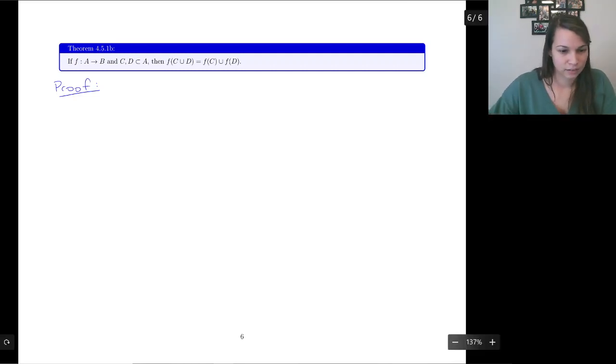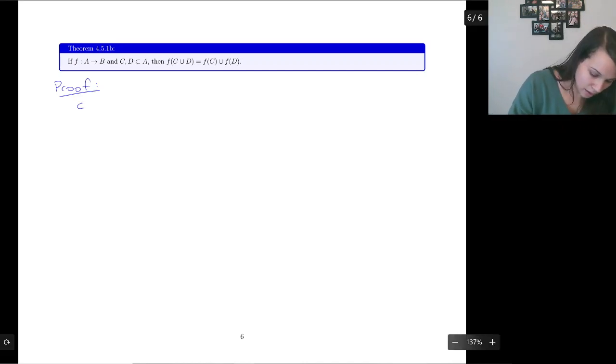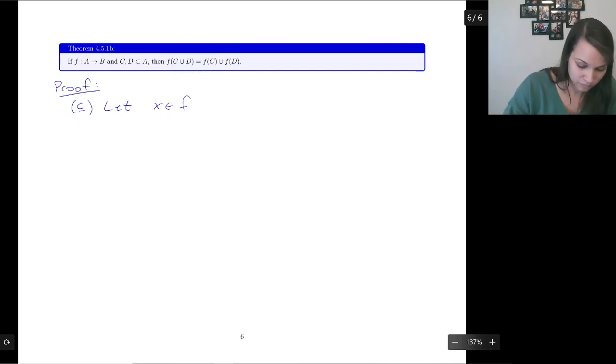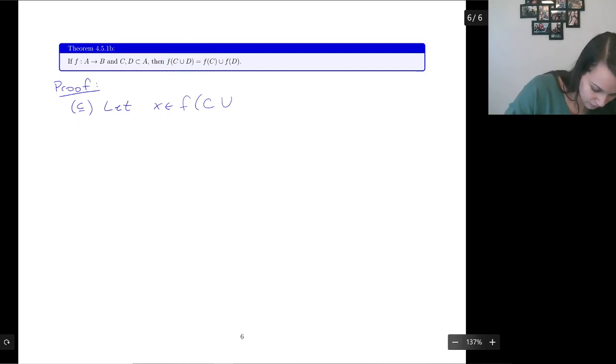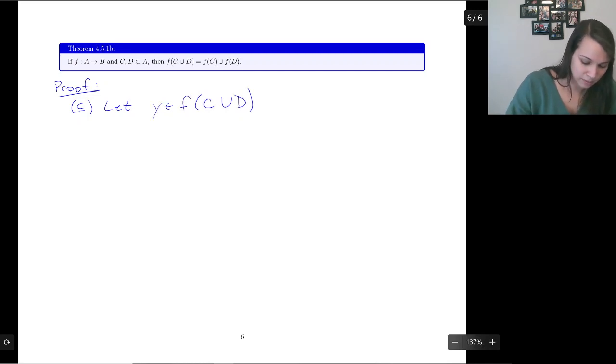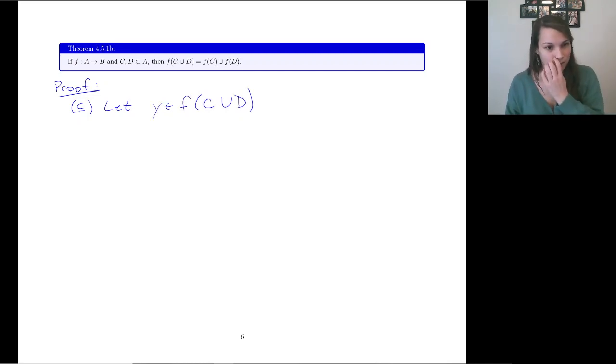So first, we're going to start with this direction, which means we're going to let x be an element of whatever's sitting here on the left-hand side, which is f of C union D. And I changed my mind, it's not going to be x, I'm going to do y because we're sitting in the image.